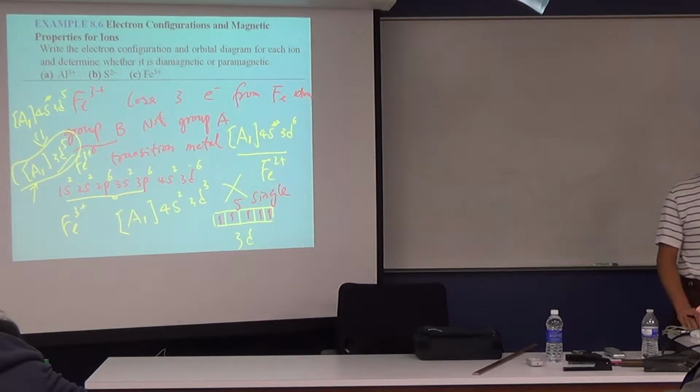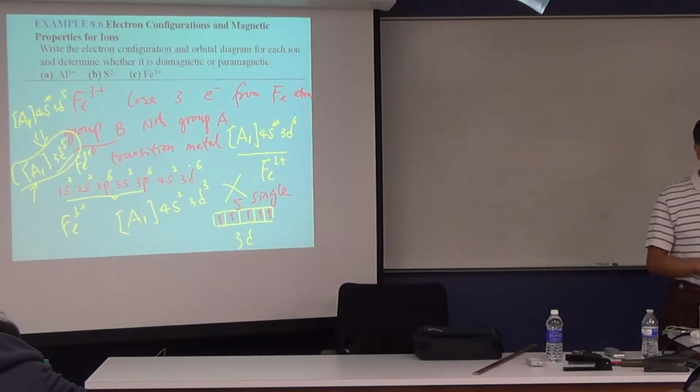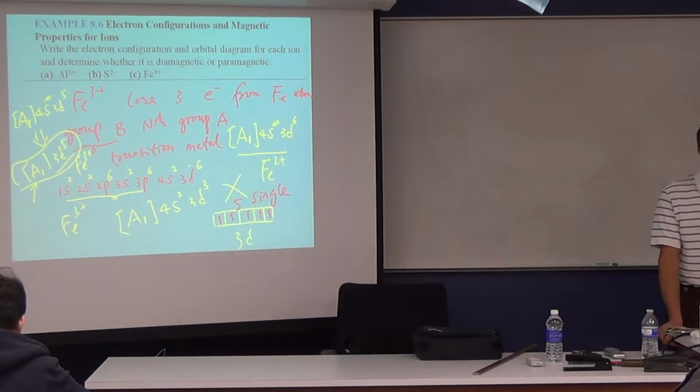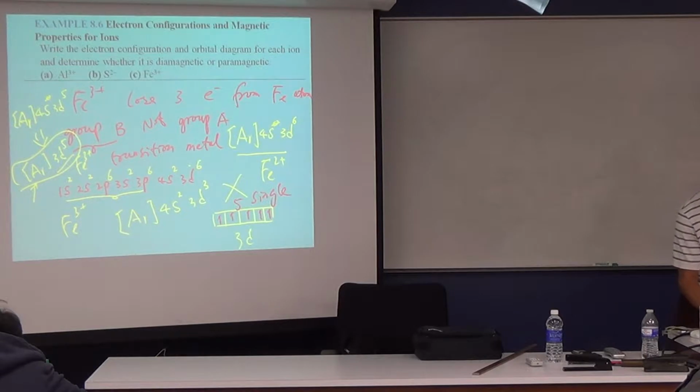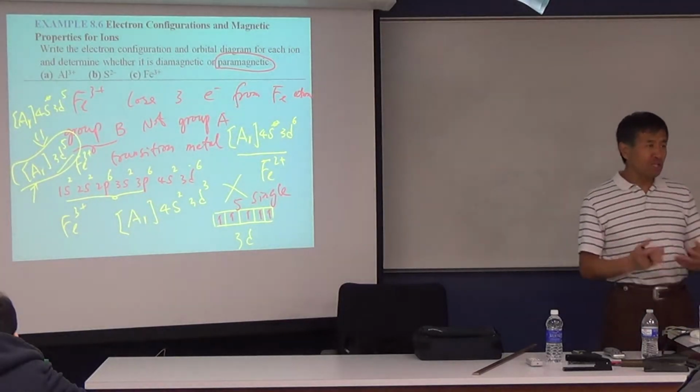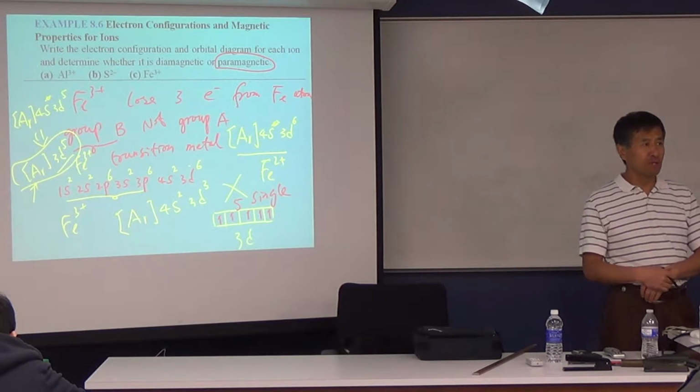So any atom or ion or molecule, if there is one or more single electrons, the result is paramagnetic. And this material is attracted by the magnet.